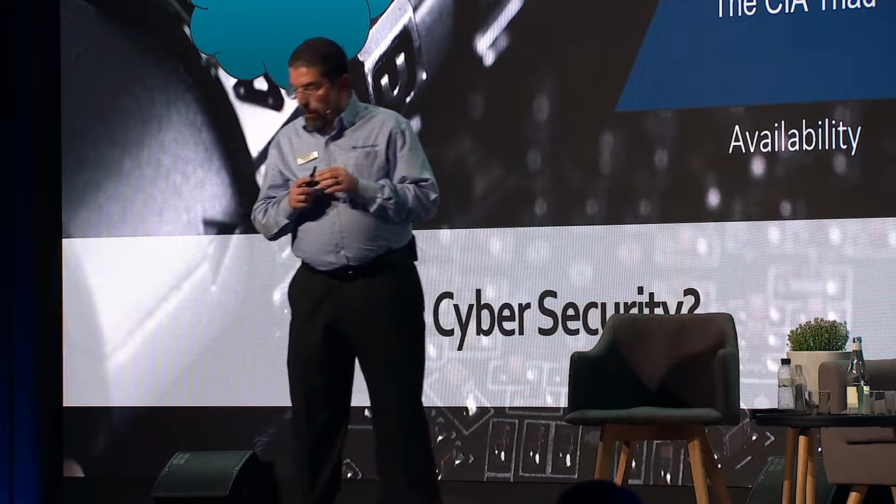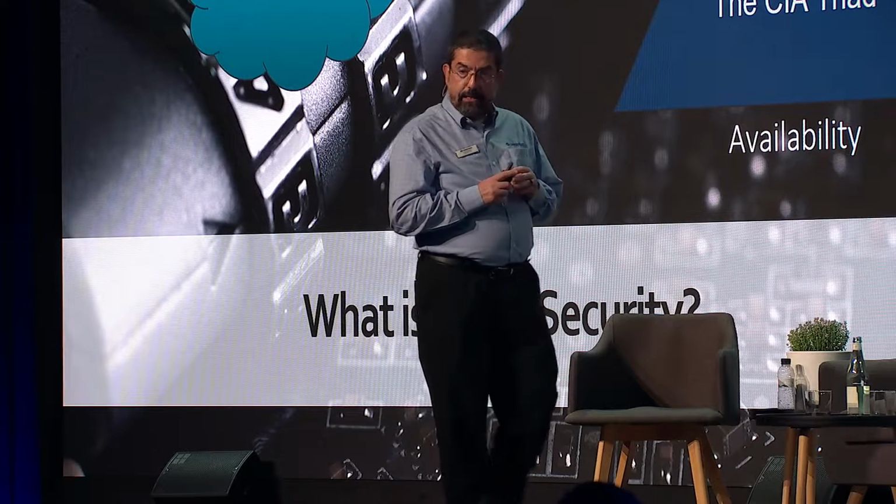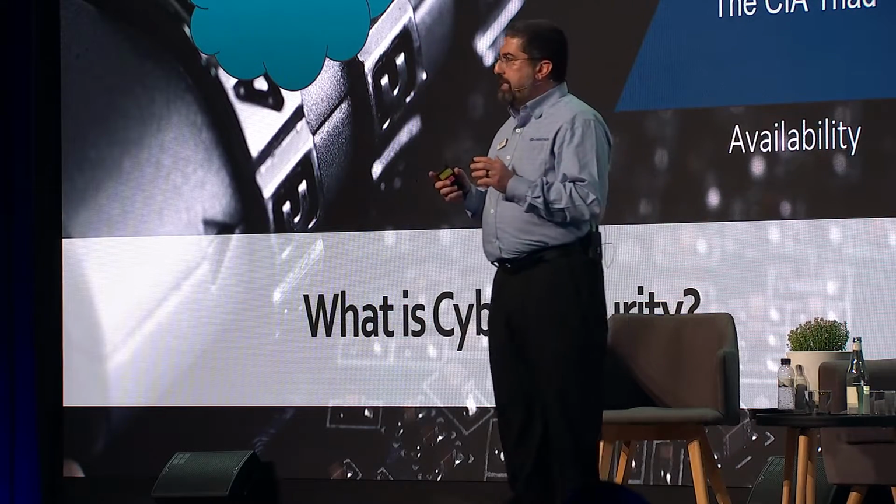When we want to avoid it being modified, we want to maintain its integrity. And of course, when we want to have access to the data, we want to maintain its availability. Those three items create the CIA Triad, and that is not the American Central Intelligence Agency. That is dealing with confidentiality, integrity, and availability.